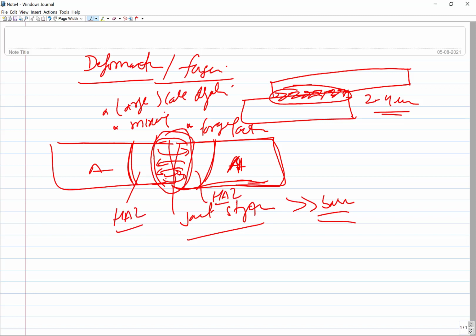So in the large scale deformation process, HAZ is really a problem. Similarly, the weld zone or the weld nugget area may be stronger or it may be weaker. It depends on the metal system under consideration. But certainly, most of the time good metallic continuity is realized.